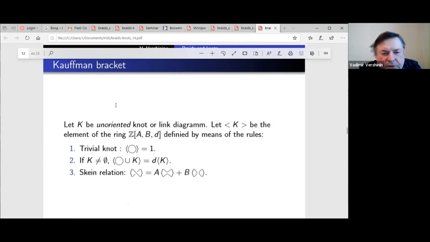You just smooth two ways. You smooth here like horizontal lines with some coefficient A, and vertical lines with another coefficient B. A and B are given here in the definition of our ring, okay?